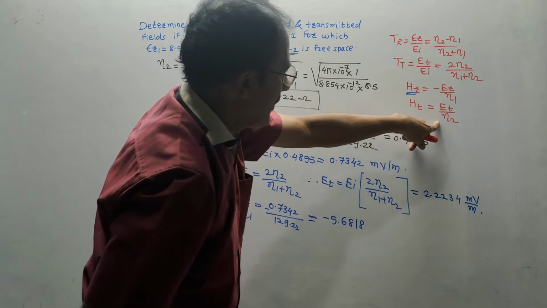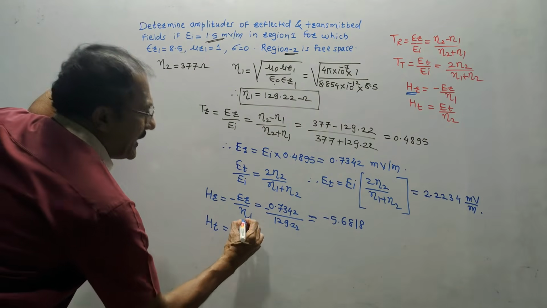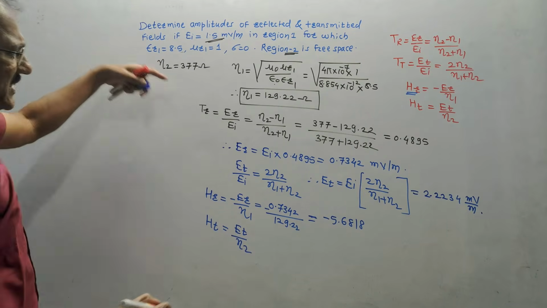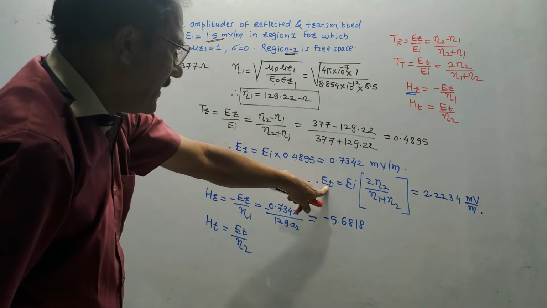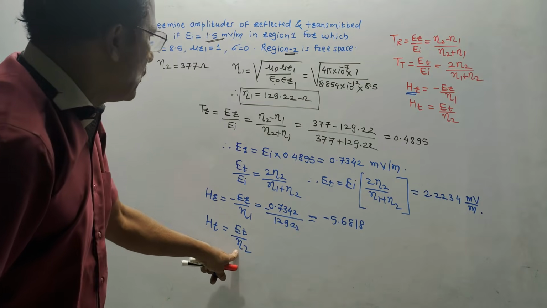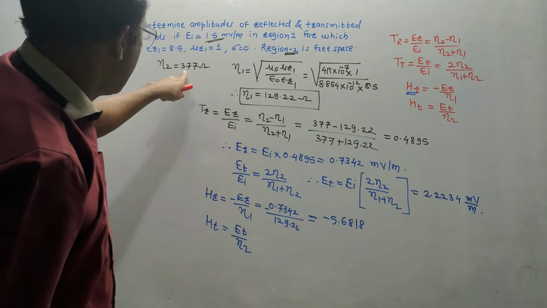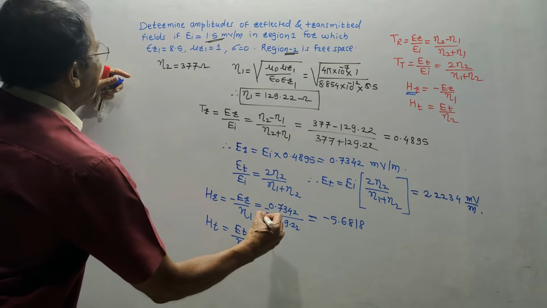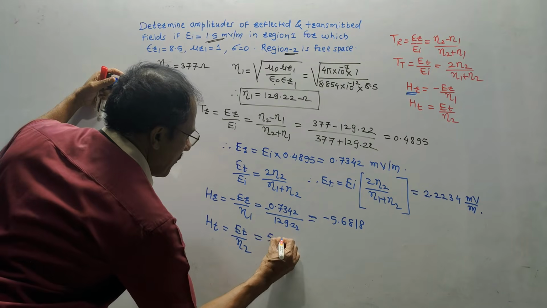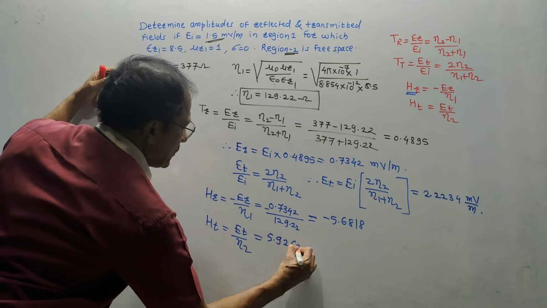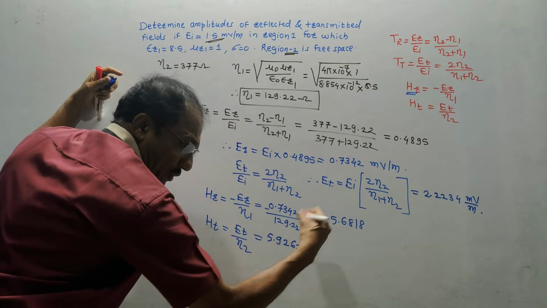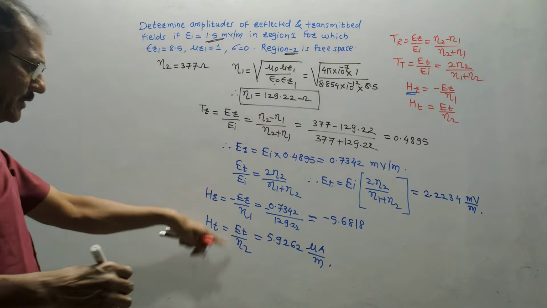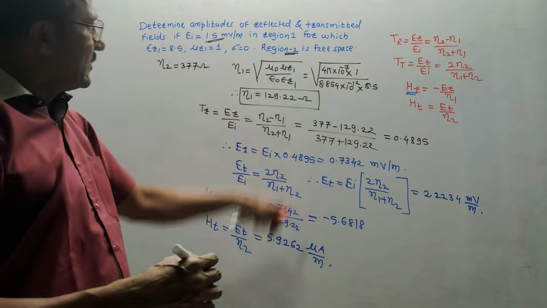Direct formula we have HT is equal to ET upon eta 2. Again same way, we have the value of ET, put this value, then eta 2 is 377 ohm. So if you put these values, you will get the answer that is equal to 5.9262 into 10 raised to minus 6. So I will write it as microampere per meter after solving it on the calculator.